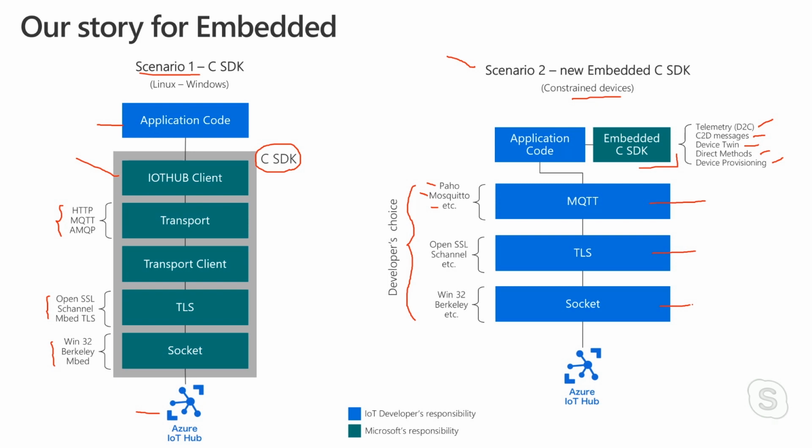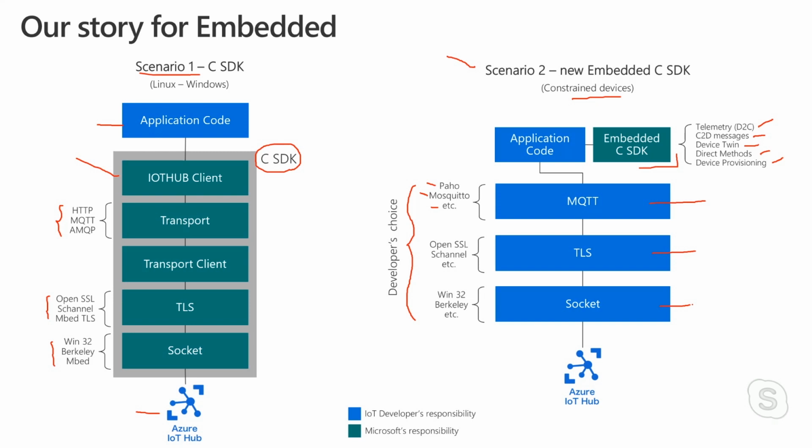And this way, they would get to the best and most optimal way to optimize for size, optimize for power consumption. And so truly, when we look at this embedded C SDK, we're looking at all of the embedded best practices. So things like optimizing for size, providing customers with a choice. We are steering away from dynamic memory allocation.